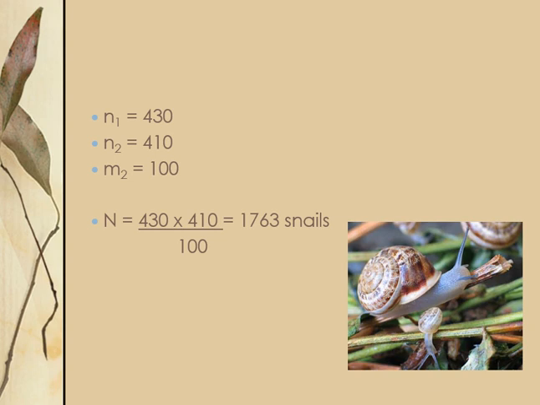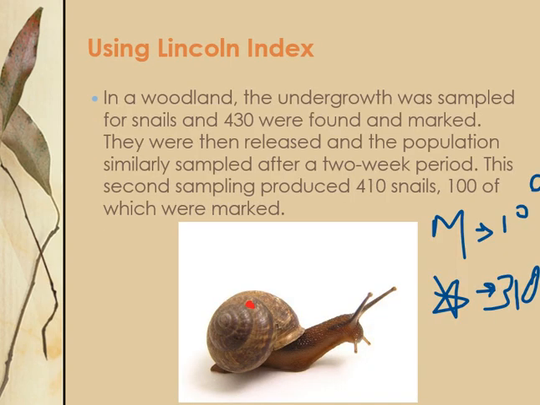Moving forward, we already looked at this. N1 in this case will be 430, because in the first capture we had 430 snails captured. In the second capture we had 410. The marked ones, M2, are the ones which were marked on both occasions: they were captured in the first sample, as well as in the second sample.